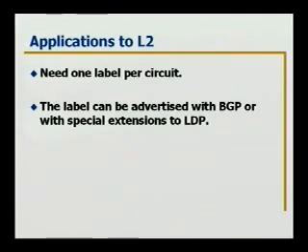The second is the Martini drafts that use extensions to LDP in order to achieve the same thing. So the LDP protocol is extended, and rather than just advertising labels for IP addresses, it advertises labels for connections. The Martini drafts are now called the PWE3 drafts. It's the PWE3 working group in the IETF.